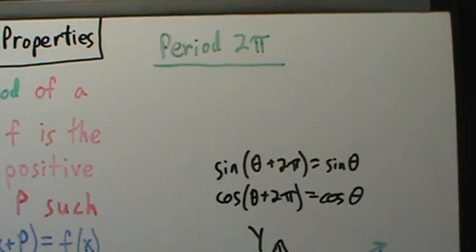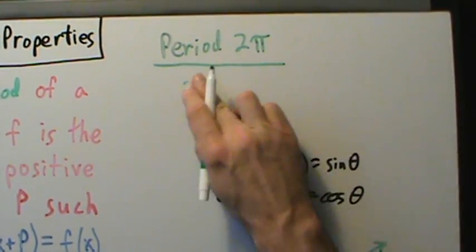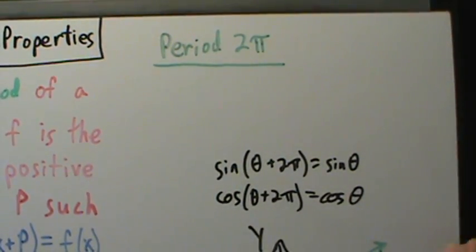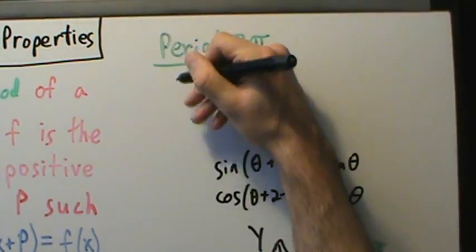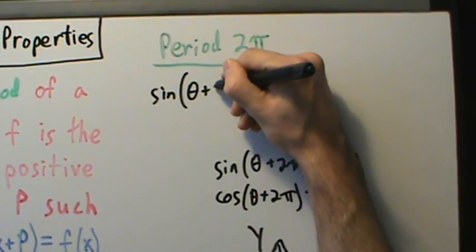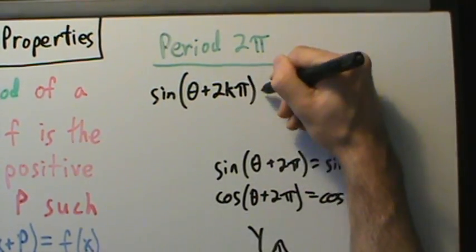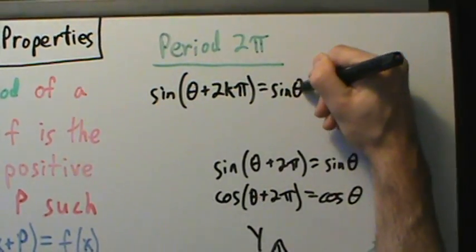So period 2 pi. Sine. Let's write it like this. What I want to write is sine of theta plus 2k pi equals sine of theta.